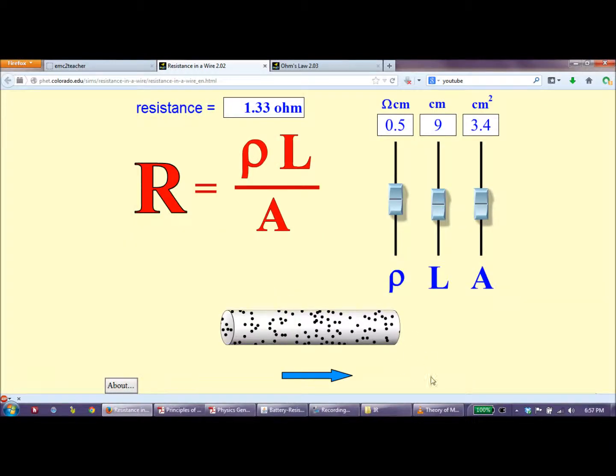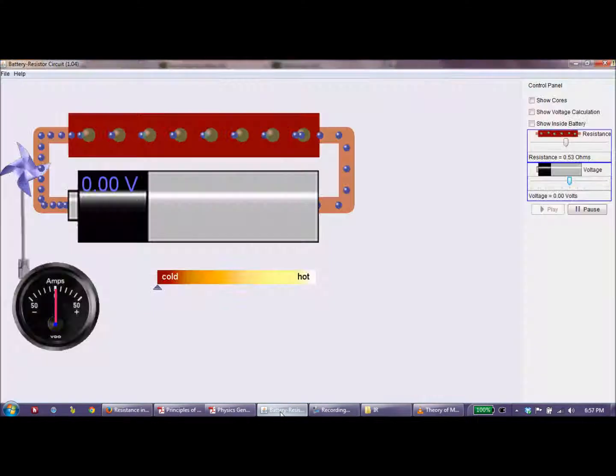All right, we're back. We have another simulation here where we have a battery and it's hooked up to a very simple resistor, and we have a whimsical way here to show the amperage. These would be charges or electrons moving. What I wanted to show you here is what happens to the power.